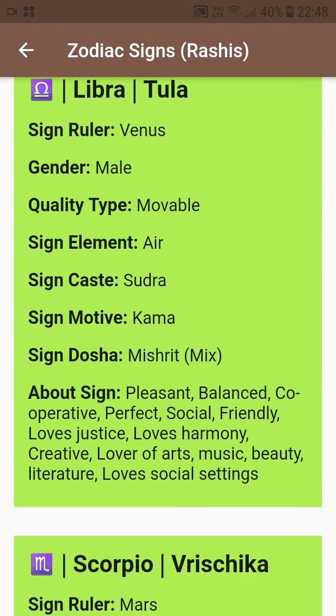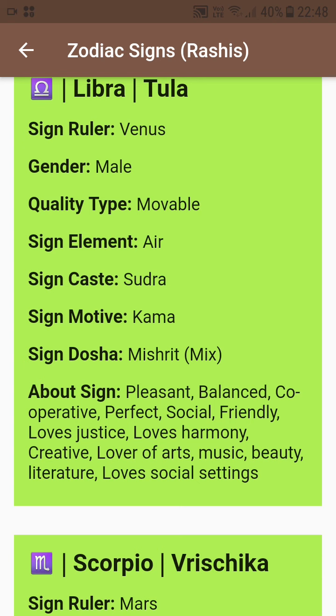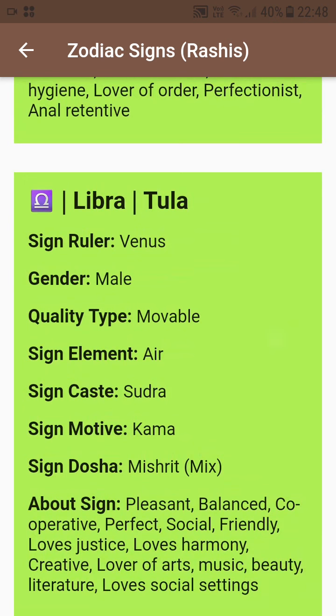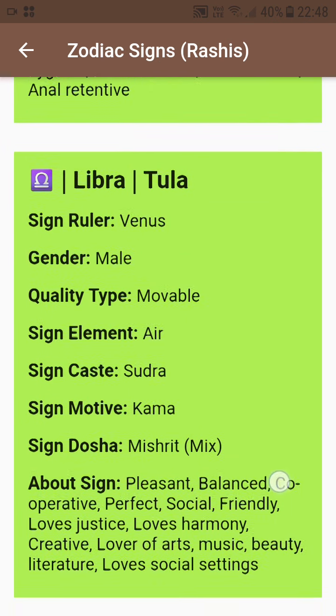So the quality of this person would be pleasant, balanced, cooperative, perfect, social, friendly, loves justice, loves harmony, creative, would have love of art, music, beauty, fine dining, and at the same time loves social settings. So this is Libra ruled by Venus, and it's the airy sign.